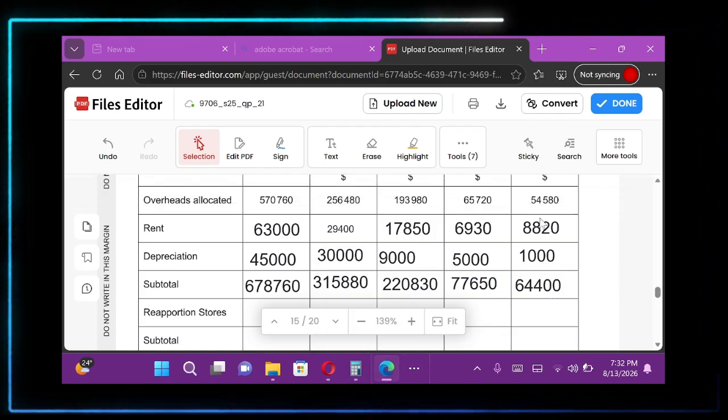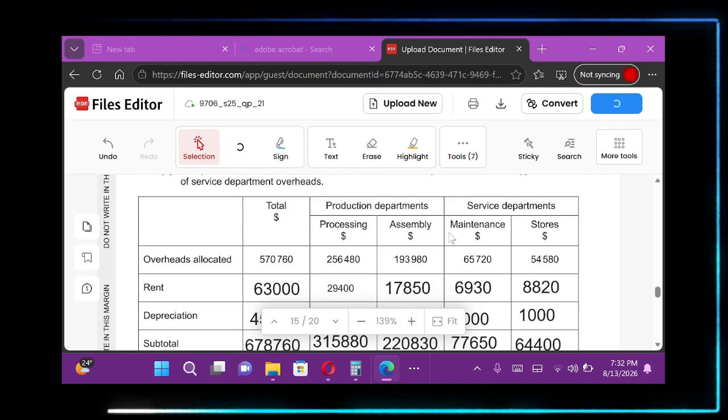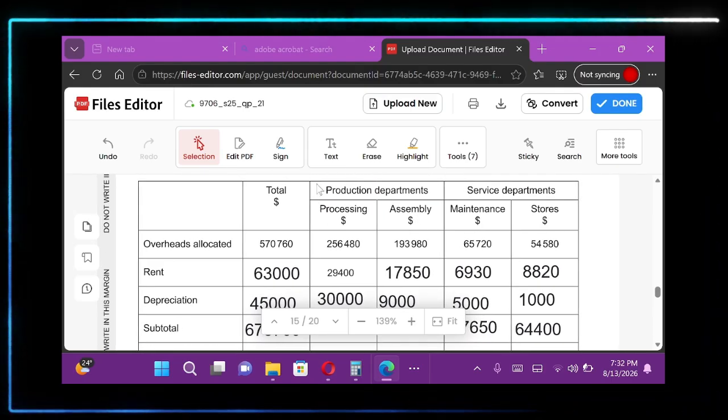Okay, guys, so these are the totals of each of these segments.